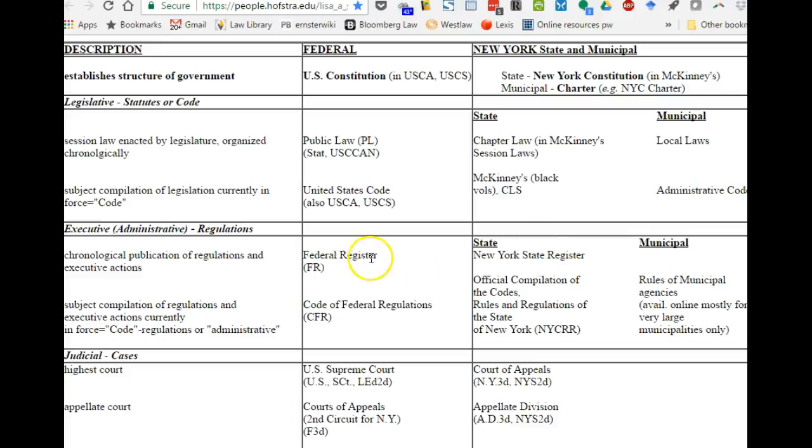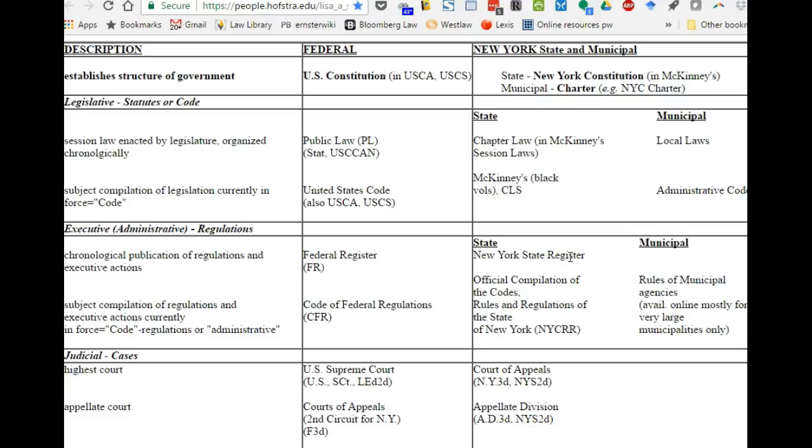So we have the Federal Register, the federal administrative daily or chronological publication, and we have the New York State Register, or the New York State chronological publication. And I corrected myself from daily to say chronological because states don't necessarily publish their registers daily. Here in New York, they're published weekly.